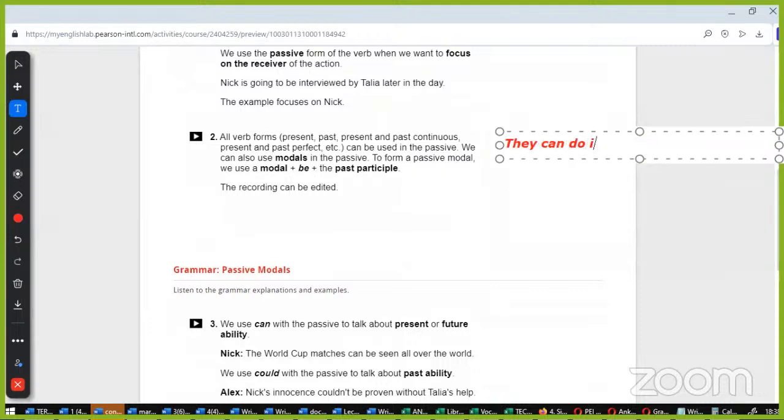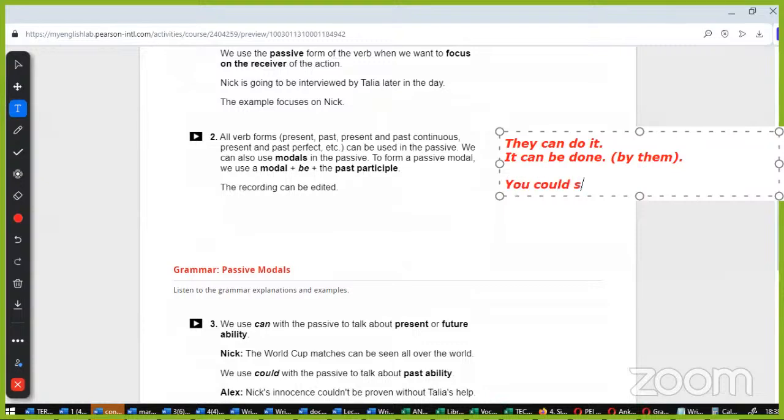They can do it. How can I write this in passive voice? It can be done by them. Yes, it can be done. You could also say by them, right? But only without the doer.